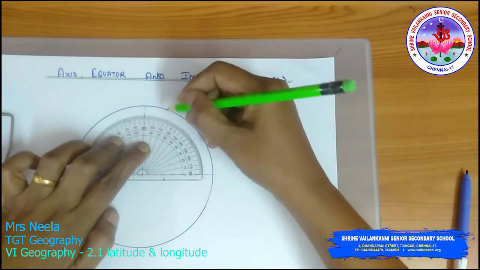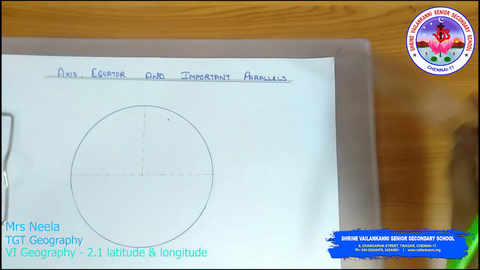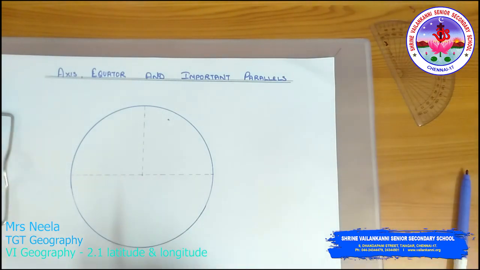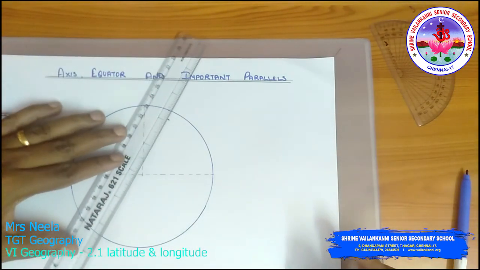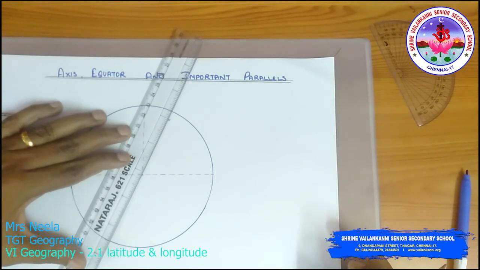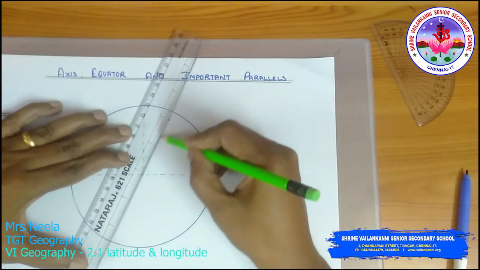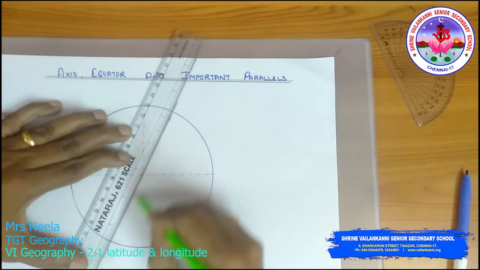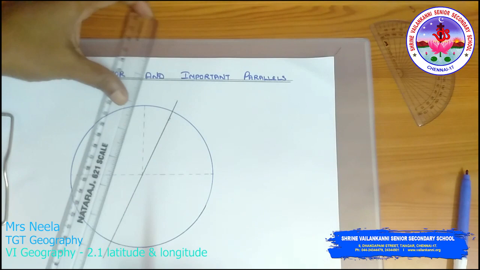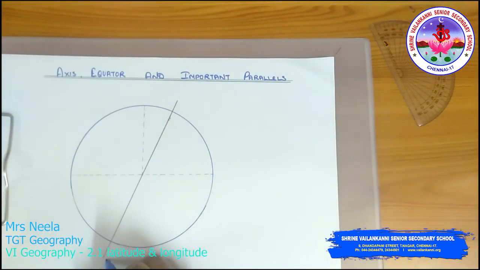This 23.5 degree is nothing but the Earth is tilted on its axis at an angle of 23.5 degree. After marking that point, with the help of the scale, I am drawing a straight line which cuts this circle. And this line is the axis.